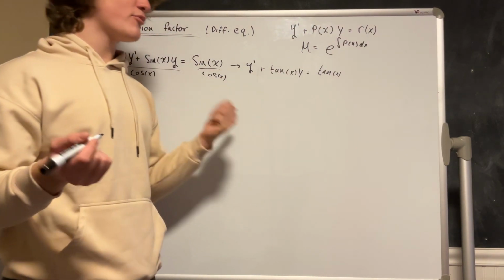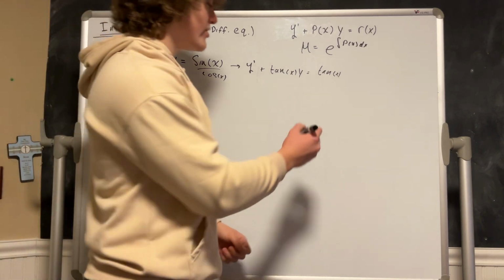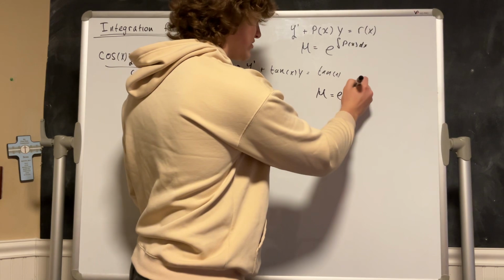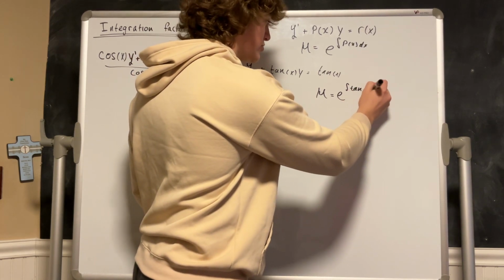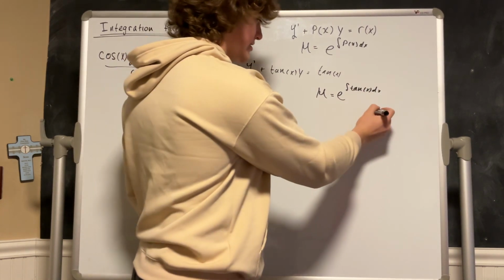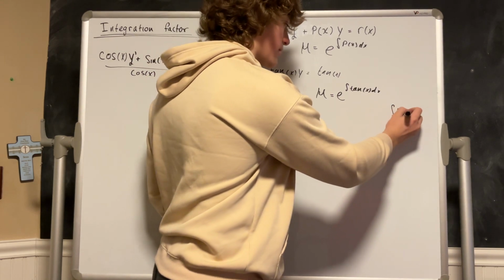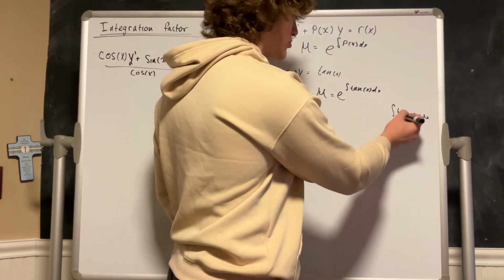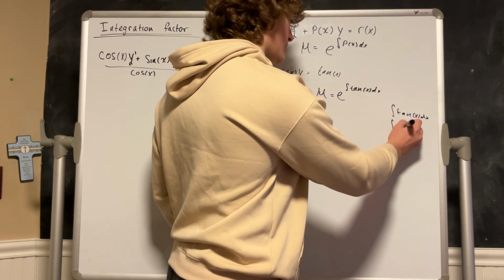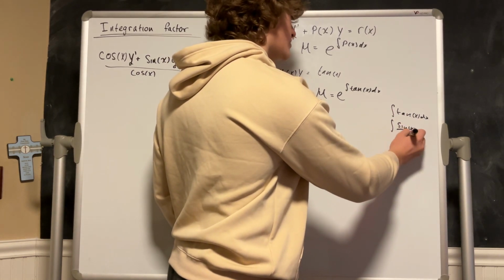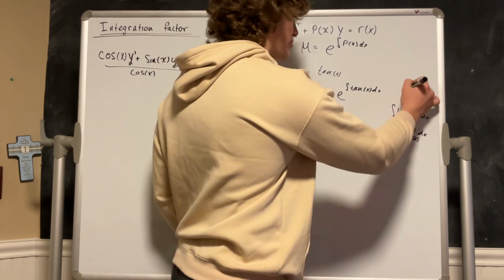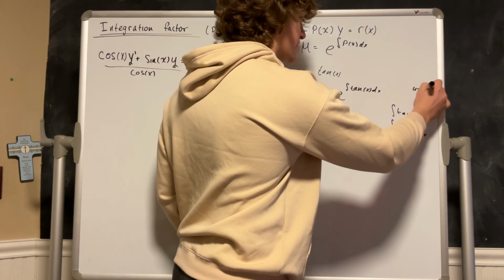Now, let's do that before I move on. So this mu is equal to e to the integral of tan x with respect to x, and the integral of tan of x with respect to x is just going to be the integral of sine of x over cosine x dx, and our u will be cosine x.